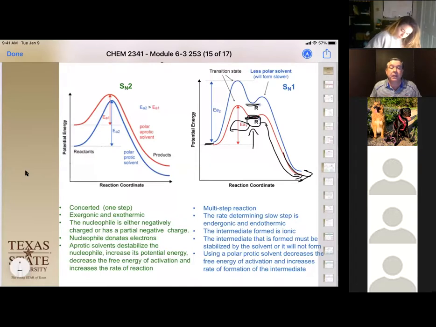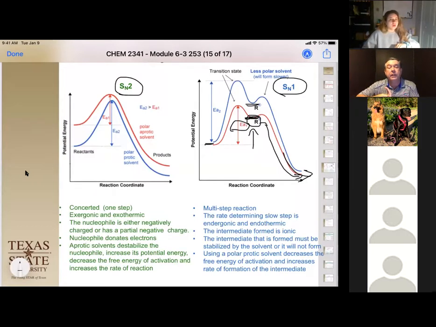Okay. So in an Sn2 reaction here, the nucleophile is typically negatively charged or has a partial negative charge. We have to have a good nucleophile. So it's typically something with a negative charge on it, or something that has a shared negative charge, like a carboxylic acid, where it has a partial negative charge. That's not true for the Sn1 reaction because we formed the ion on the substrate, and therefore even weak nucleophiles will react with it as a neutral species, just sharing those lone pairs.